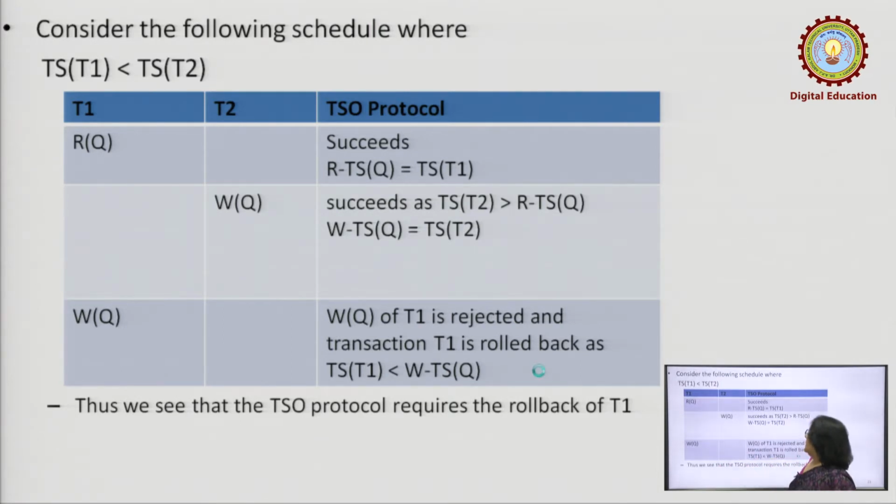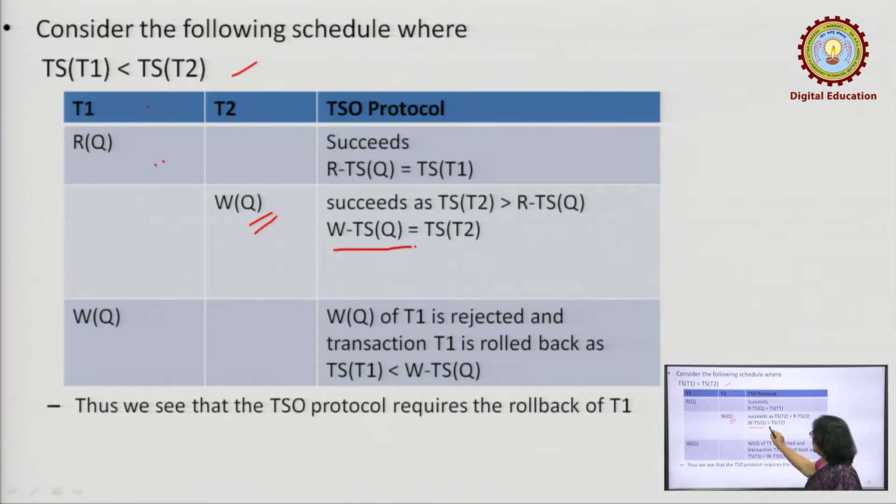If we apply the timestamp ordering protocol to it, we see read Q is permissible and the read timestamp of Q is set to the timestamp of the transaction T1. Now, when we come to write Q, it succeeds because a newer transaction T2 is attempting to write the value of the data item Q as compared to the older transaction that had read.